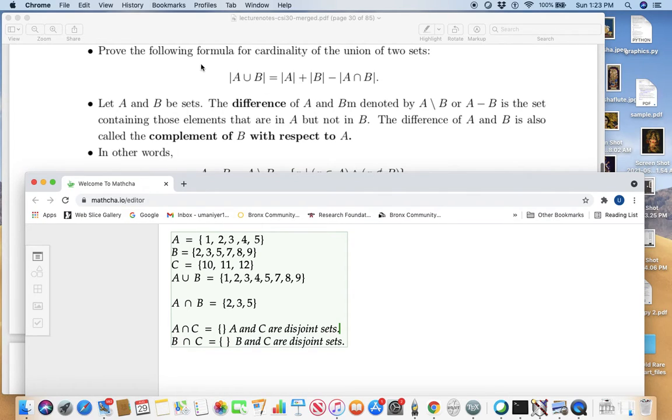Prove the following formula for the cardinality of the union of two sets. So what is the formula for the cardinality of the union of two sets?